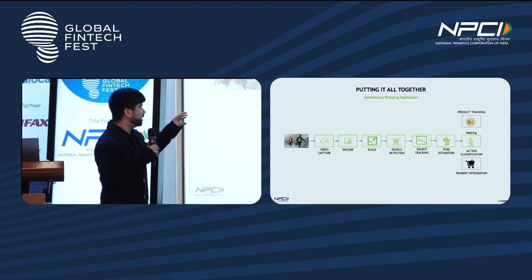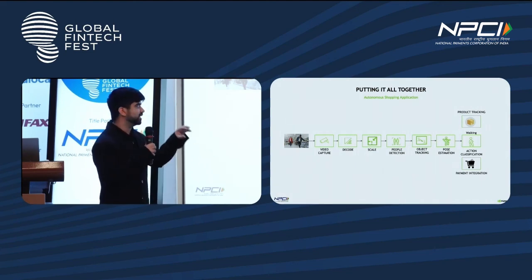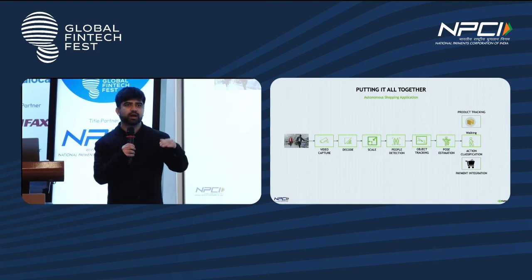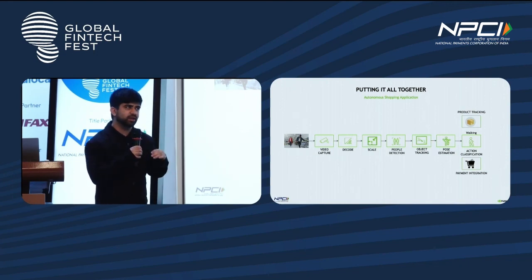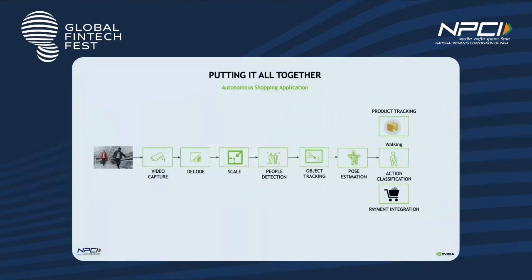Then you do detection, object tracking, as well as pose estimation and action classification. So these are 4 different models working in parallel on top of this live feed that's coming in. Now, how does this help? That helps to extract metadata information from those video feeds so that it can be used for other parts of the pipeline, like the product tracking and also the payment system.